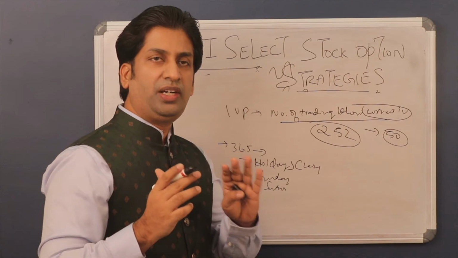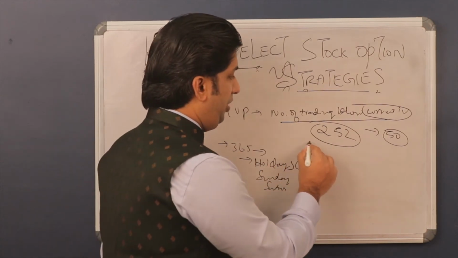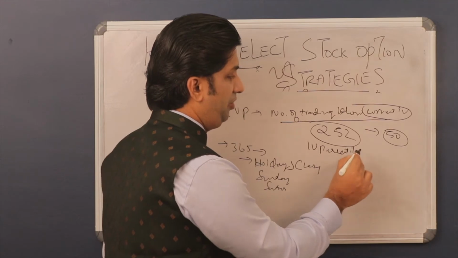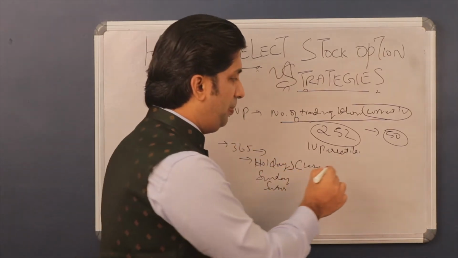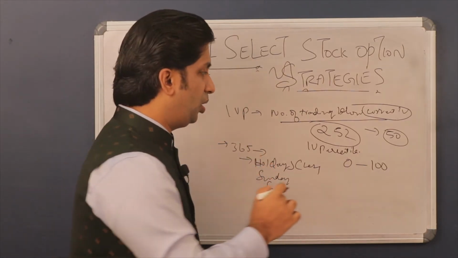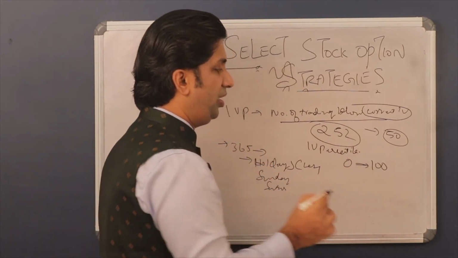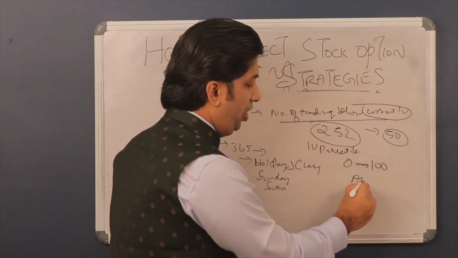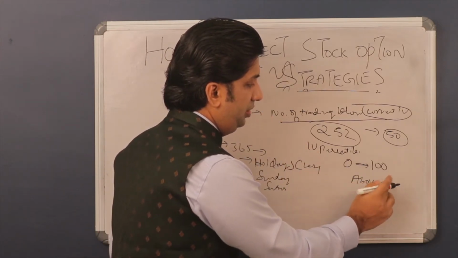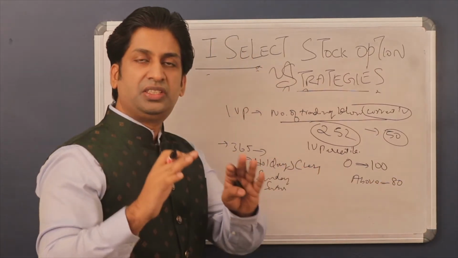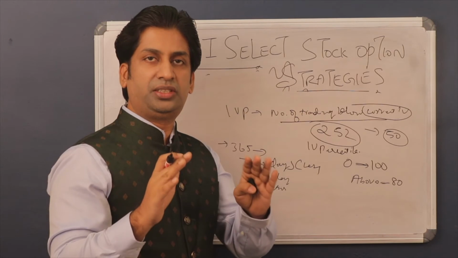Now I will tell you the range of IVP, the IV percentile. The range of IV percentile is from 0 to 100. What does this 0 to 100 mean? If IVP is above 80, that means IV is really high on that stock.